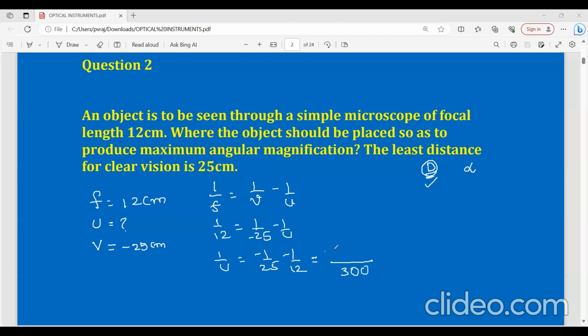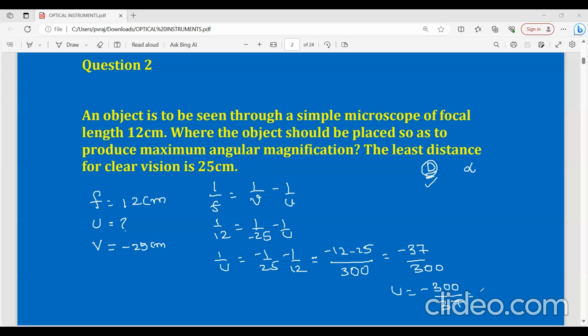So this will be minus 12 minus 25. This will be totally minus 37 by 300. That is the value of 1 by U only. And finally, U will be minus 300 by 37.